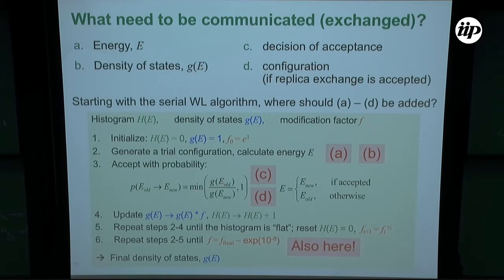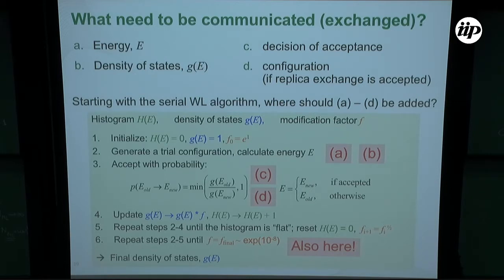And then you also look up your own density of states, and the partner also looks up its density of states, and then now we can exchange. Why is that? Because in the acceptance probability, we need all these four data to compute the acceptance probability. So that's why there is another exchange here.